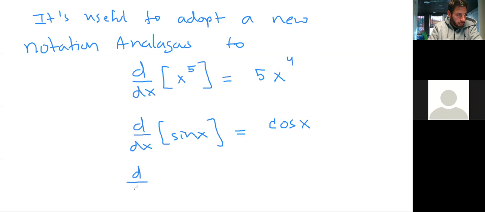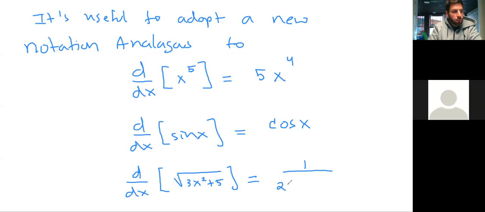Let's do one more example with, say, the chain rule for the fun of it. Suppose we wanted the derivative of the square root of 3x squared plus 5. Well, this derivative using the chain rule would be 1 over 2 times... So that would be the derivative of this.